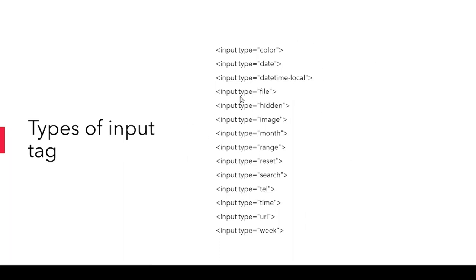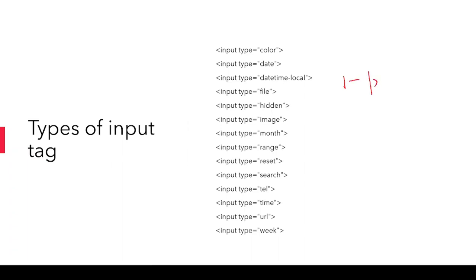Type file is if you want to open or use a file. Hidden is used to hide something in your input text. Type image is for image purposes. Month is for selecting a month.